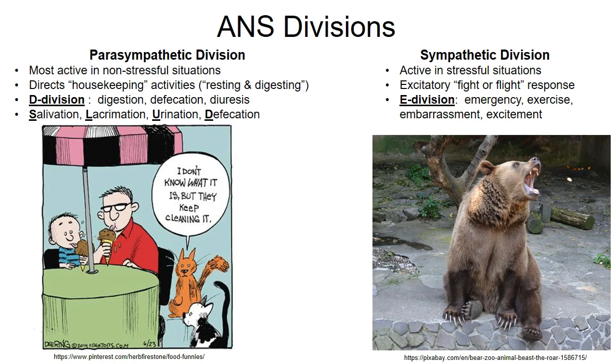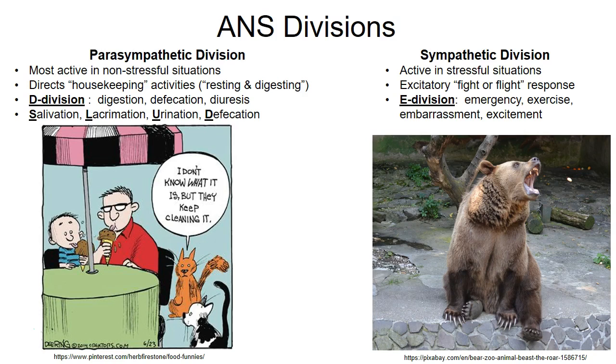So everything that's involved with resting and digesting. A lot of this is digestion, defecation, diuresis, a lot of the housekeeping stuff. The other division is the sympathetic division. This is involved with the fight or flight response, right?